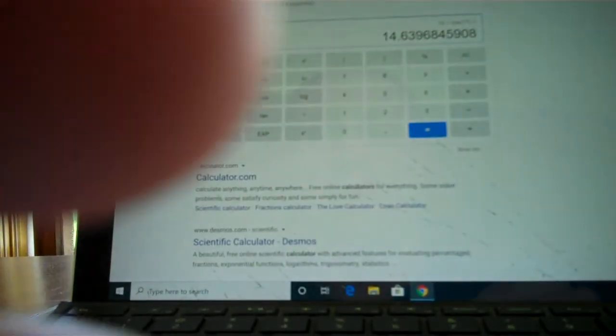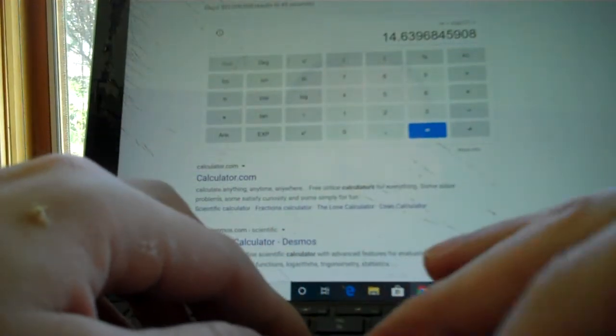Now the last part, you're going to have to do a search with me if you don't have this kind of calculator, because it won't do it on your phone.